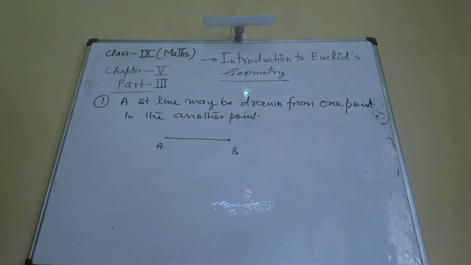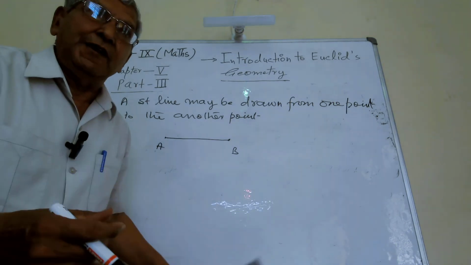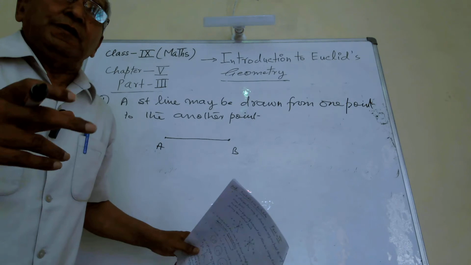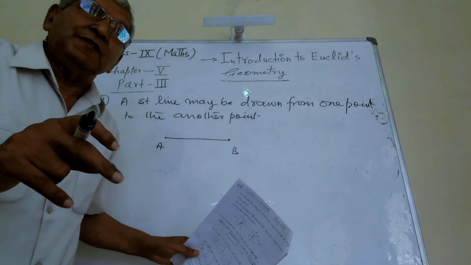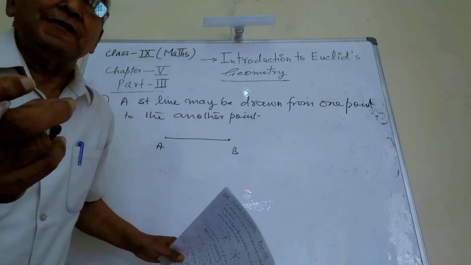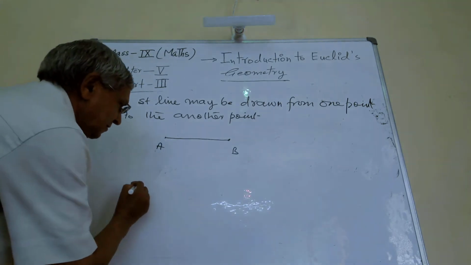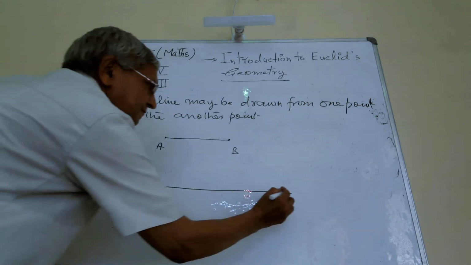And in the first postulate, from a single point, many lines can be drawn. One thing I want to add here: if you join 2 points, you will get one line. From one point, many lines can be drawn.